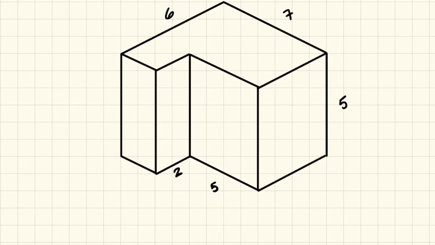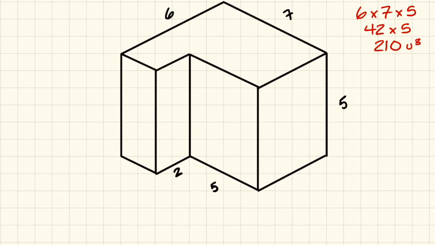Clearly, if I were to take length, width, and height here, it would be 7 times 6 is 42, and 42 times 5 is going to get me 210, is that right? I think it is. And so it would be 210 units cubed.